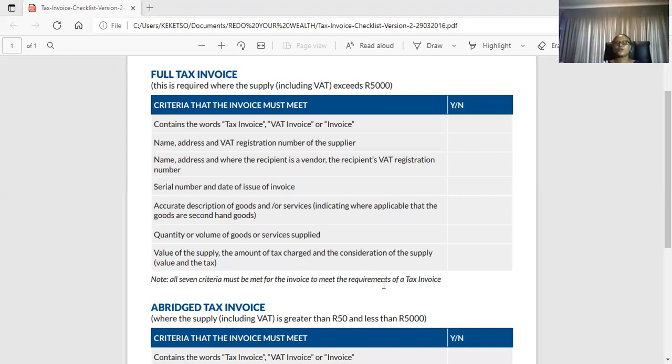So 2,000 will come to you, 300 will go to SARS, but the person you are giving the invoice to will pay 2,300. They will then claim that 300 from SARS, and on the other hand, you collect it from them and pay it over to SARS. That is how a full tax invoice, according to law, is supposed to be.